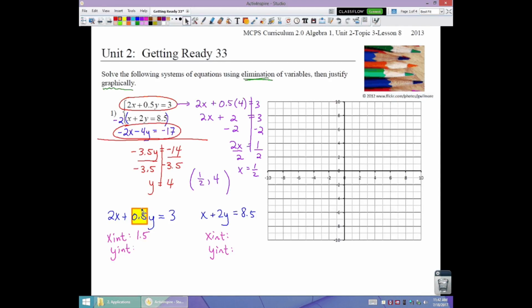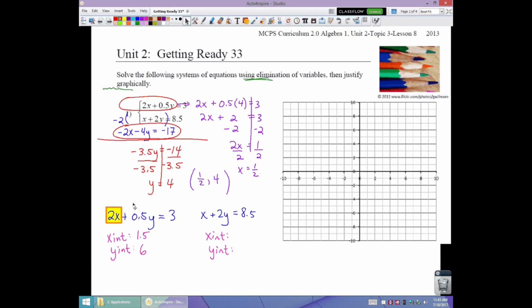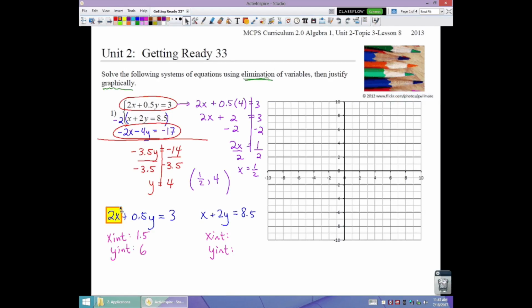For the y-intercept, I would do that with x. So pretend the x's are gone. So I have 1/2 y equals 3. Divide both sides by 1/2, and that's not 1.5. 3 divided by 1/2 is 6. Okay. Let's go to our other equation. Oh, having trouble dragging my little square.